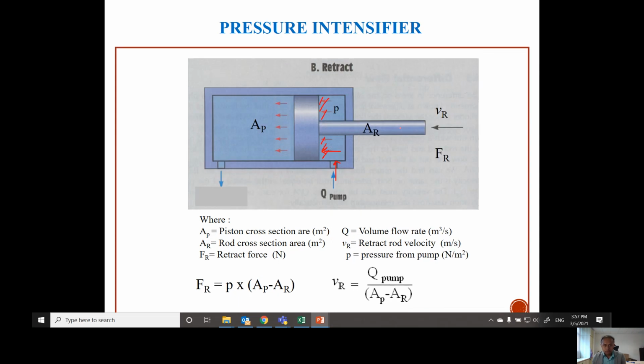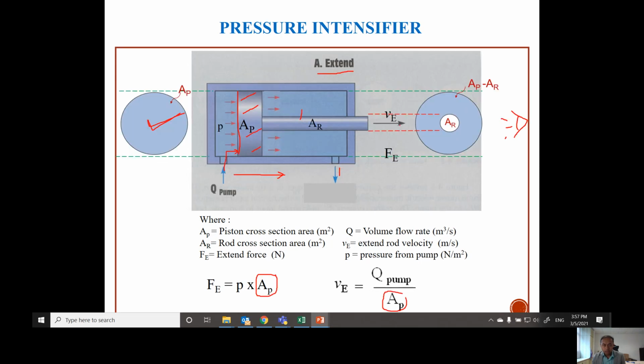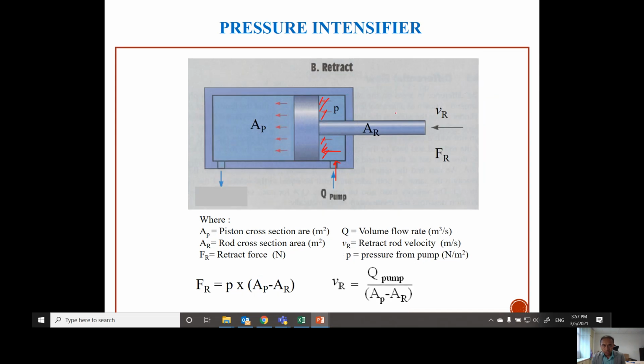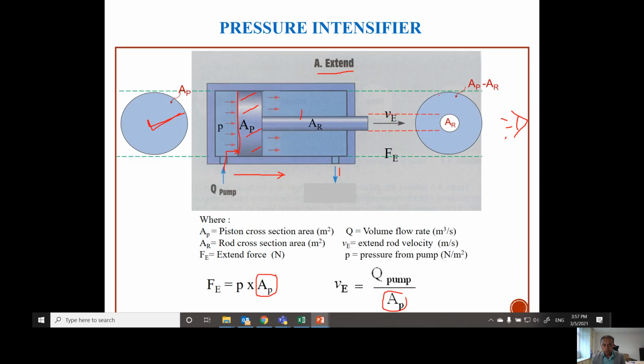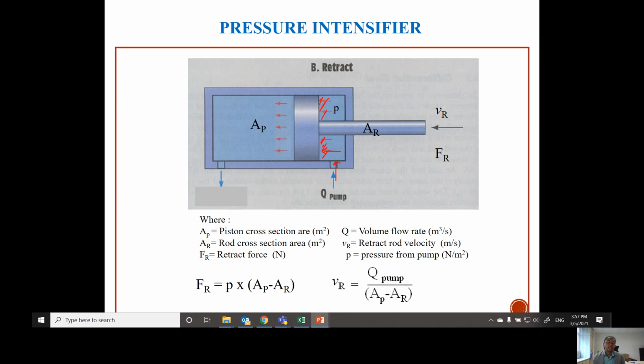This is AR, the rod. You have to minus this AR. You have to take only this effective area on the upper side and on the lower side. So that is why during retraction, when you want to calculate the force, you will have to multiply the pressure with AP minus AR.